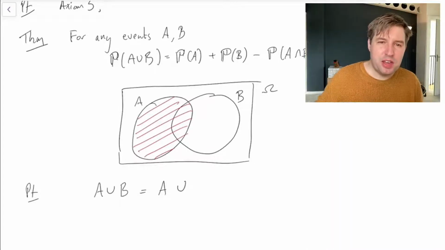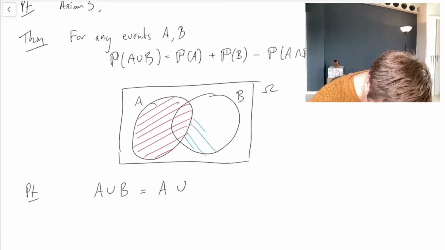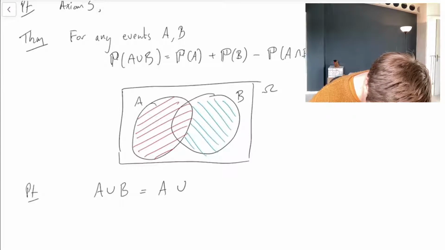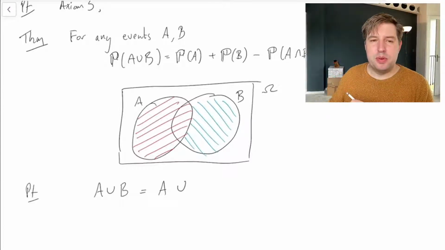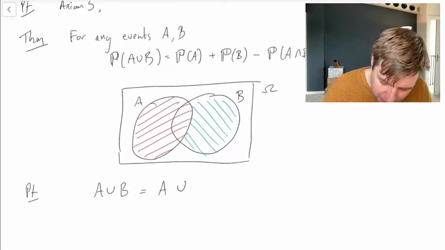Well, it has to be the part of A union B we haven't coloured in, which is this bit of B that doesn't have the overlap. So how can we describe just that bit there in blue, not counting the overlap?